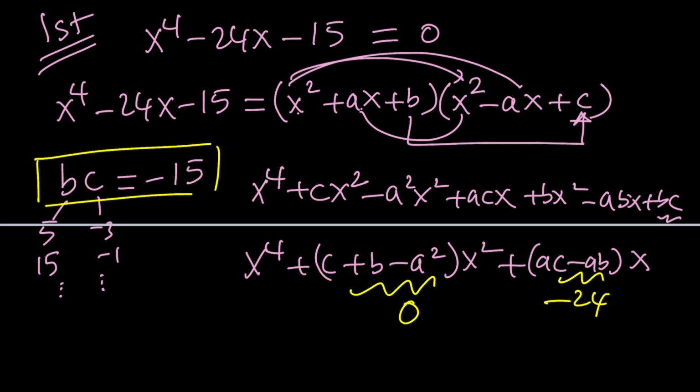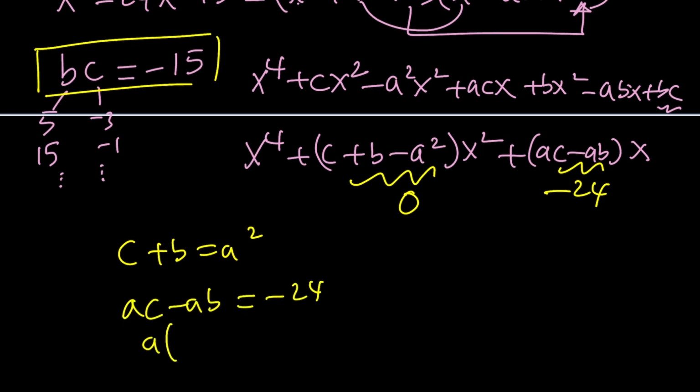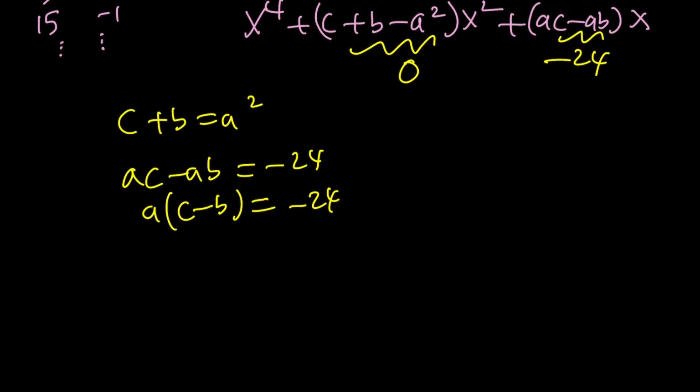And from the first equation, c plus b equals a squared, you can get something meaningful if you go ahead and factor out a here. That'll give you c minus b. And then eventually dividing both sides by a will give you c minus b equals negative 24 over a.